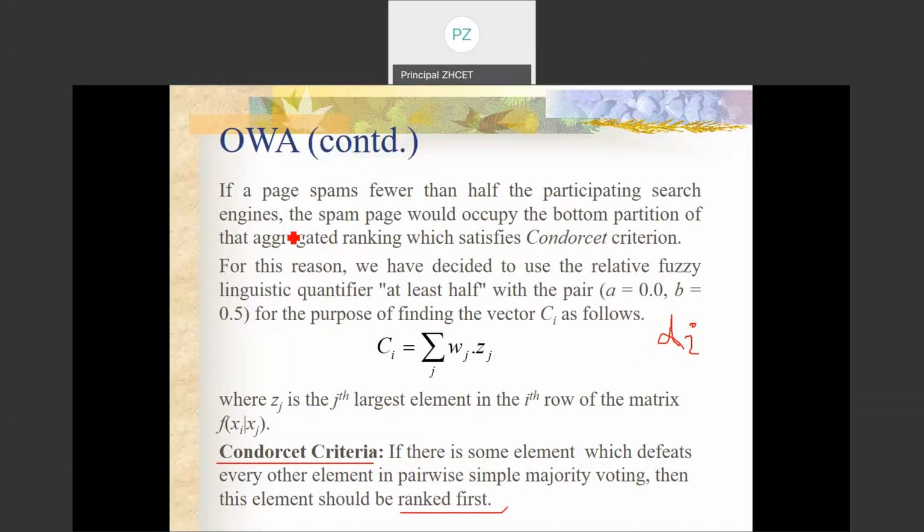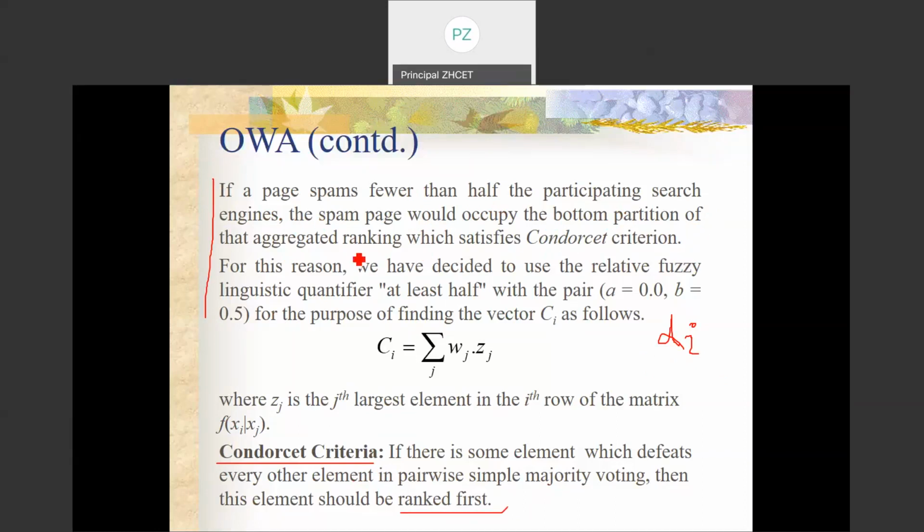Now, use this Condorcet criteria and read this. If a page spams fewer than half the participating search engines, the spam page would occupy the bottom partition of that aggregated ranking, which satisfies Condorcet criteria.